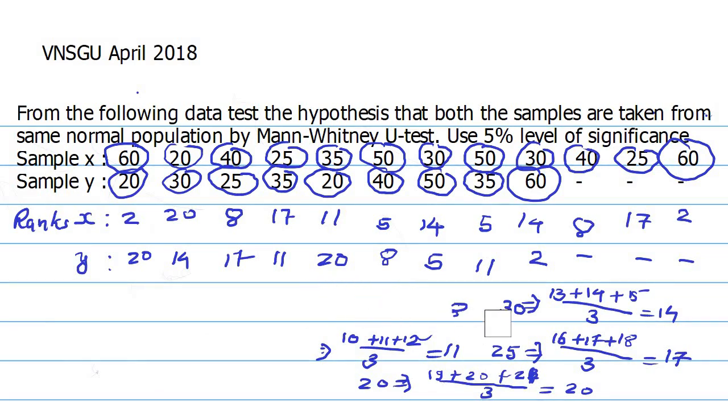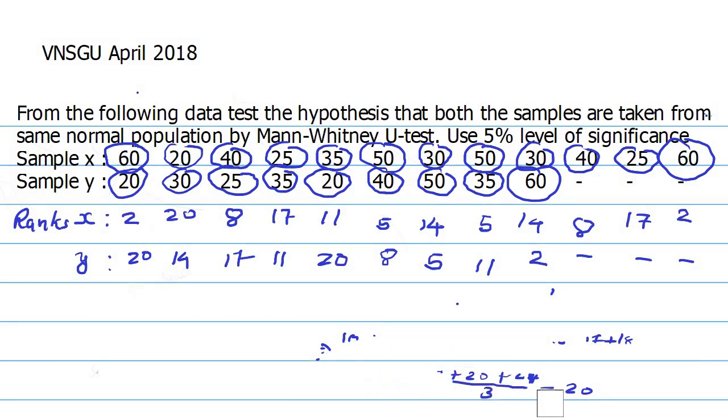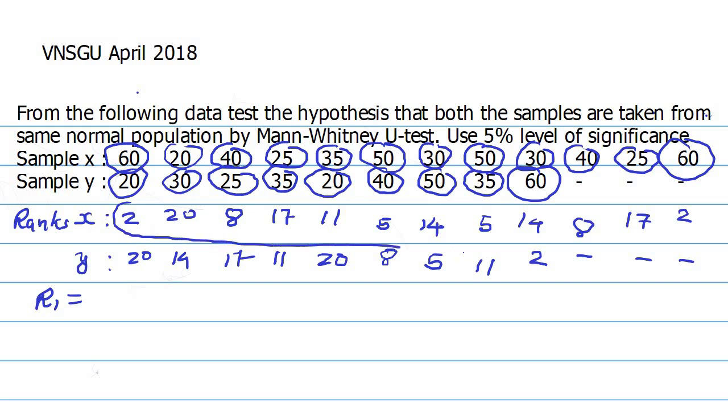So after assigning the ranks, what you need is total of the ranks for both samples. So I will find out total of ranks for both the samples. First total will be total of these ranks which are in first sample, or you can say sample X.